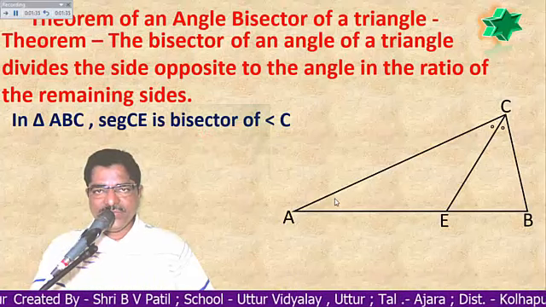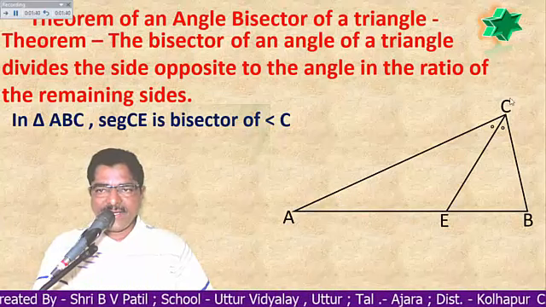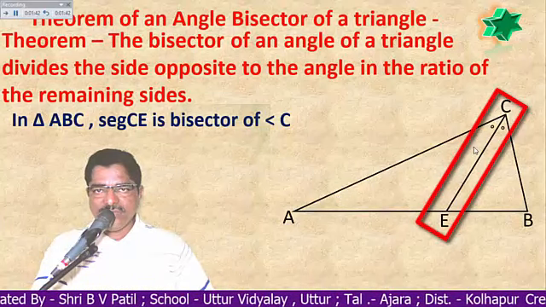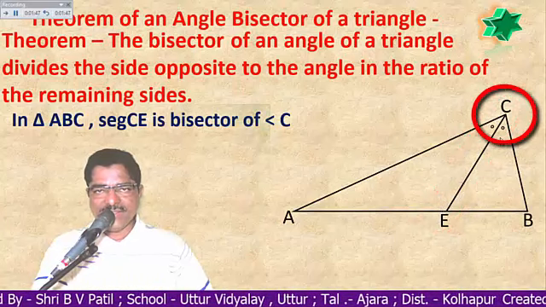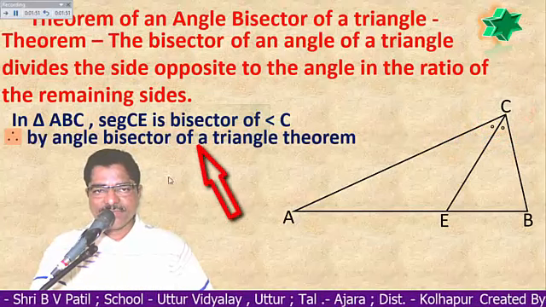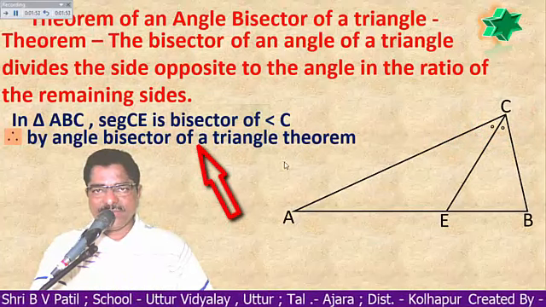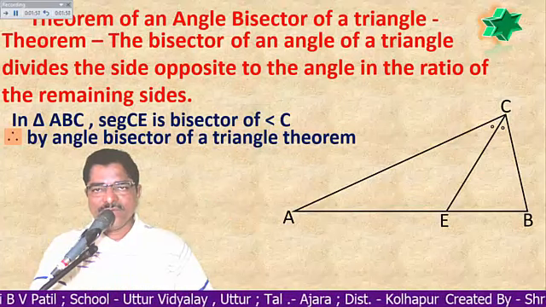When in a triangle a bisector of an angle is given, then we can use the angle bisector of a triangle theorem. By that theorem, what do we write?